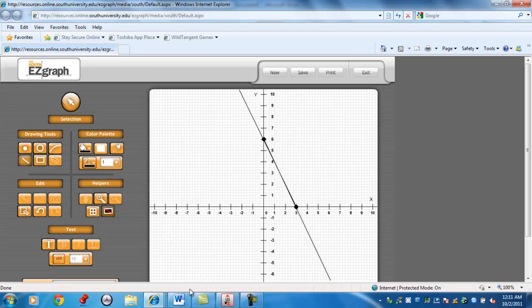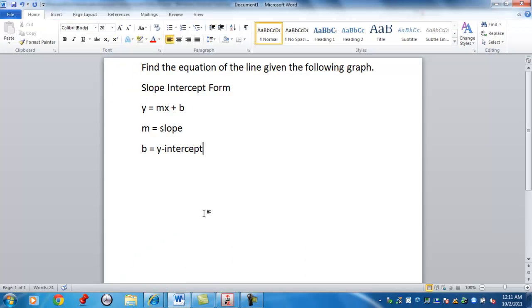So when I go to identify what's the b value, in this case the b value is going to equal 6. And that's because the y-intercept is 0, 6. Okay, so that's where we're getting the b value of 6 from.